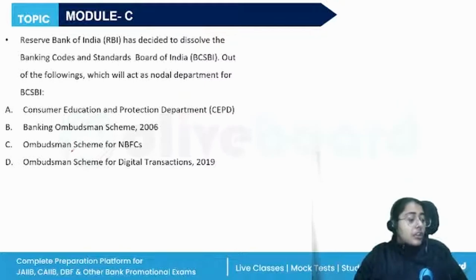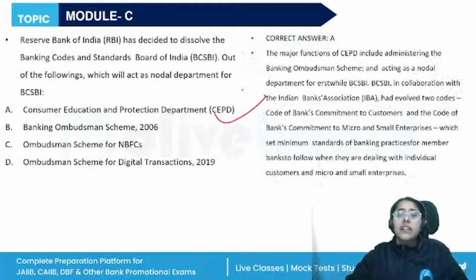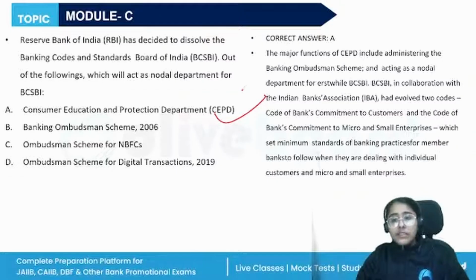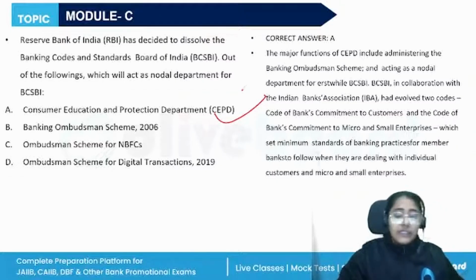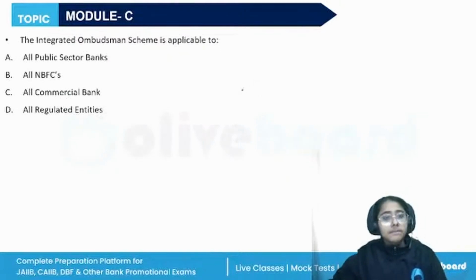So now, to act as the nodal department for supervision and monitoring, the CEPD has been set up. The major functions include administering the Banking Ombudsman Scheme and acting as the nodal department for the BCSBI. Two codes are there under the BCSBI, the commitment to customers and the commitment to micro and small enterprises. So the CEPD will look after these commitments.